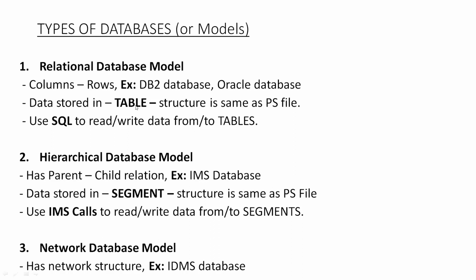Data is stored in tables, and the table structure is the same as a PS file structure. Yesterday I showed an example in an Excel sheet, right? The data we have in a PS file, the same data we insert into a DB2 table. We use SQL to read or write data from these tables. So this is the first category.